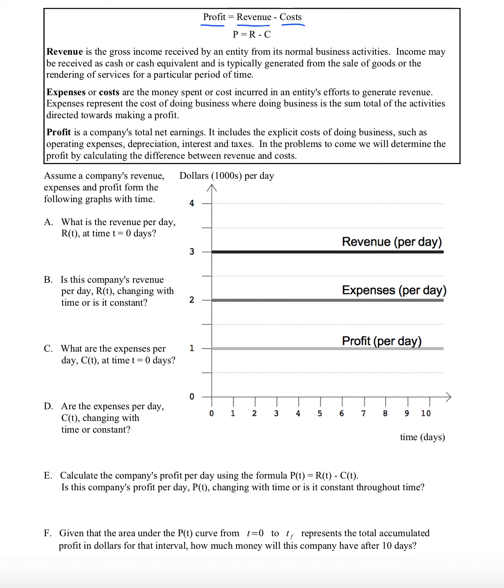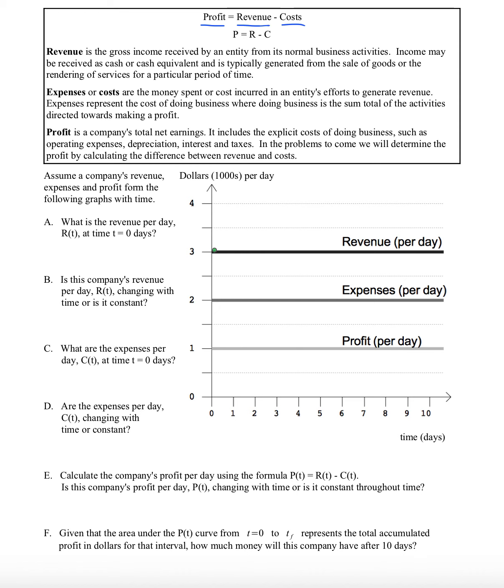Let's see how that would work with a graph of the three variables. Now assume a company's revenue, expenses, and profit are graphed with time. But this is daily revenue, daily expenses, and daily profit. What is the revenue per day at time 0?